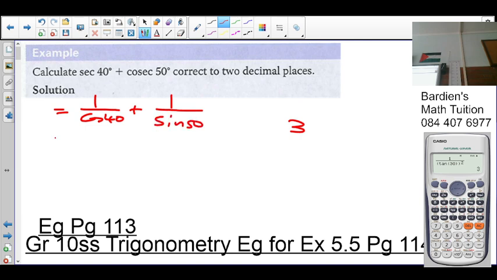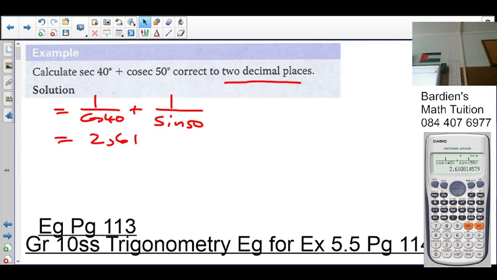So put that in the calculator. Please close your brackets. You can't leave it open, otherwise the calculator doesn't know what you're talking about. Remember, the calculator is just as good as the person using it. Okay? So you must put the thing properly in the calculator. 2 comma 61. It says 2 decimal places, so yes, 2 comma 61. Any confusion at this point? No. Okay?